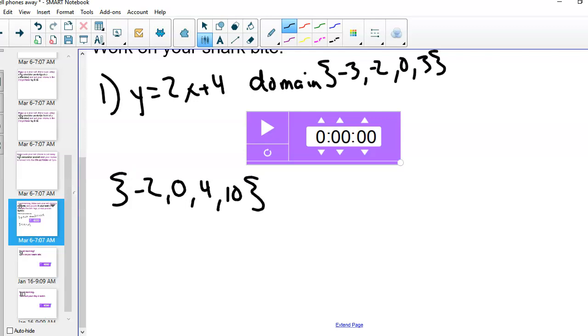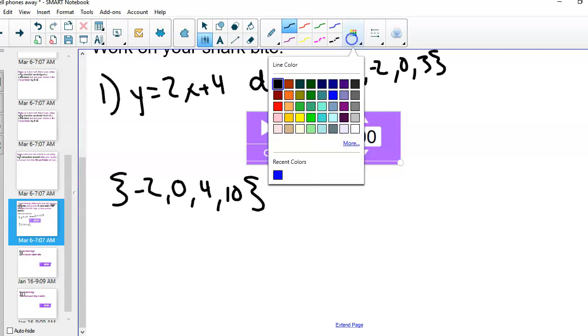If you were doing this by hand, you would take each one of those x's, put them into your equation, and solve for y.